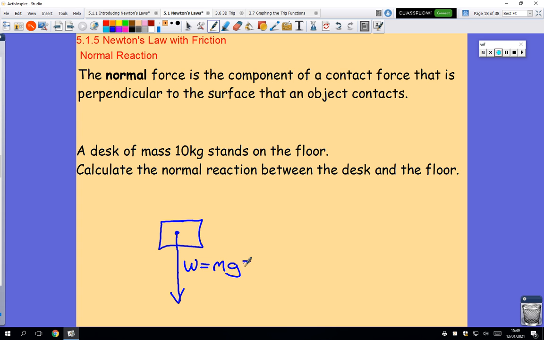In this case, that's 10 times little g newtons, which is about 98 newtons, taking g to be 9.8. That's what's acting downwards.